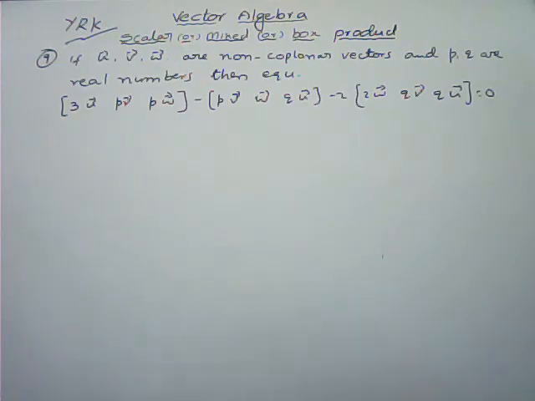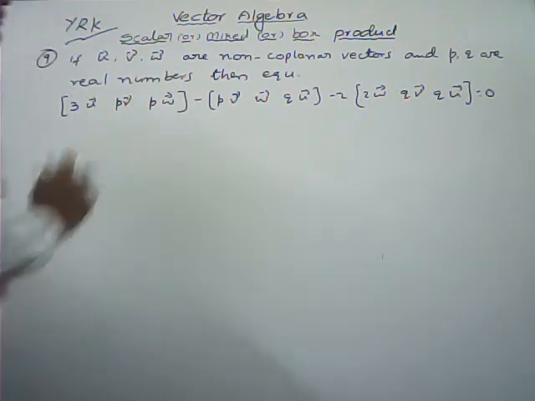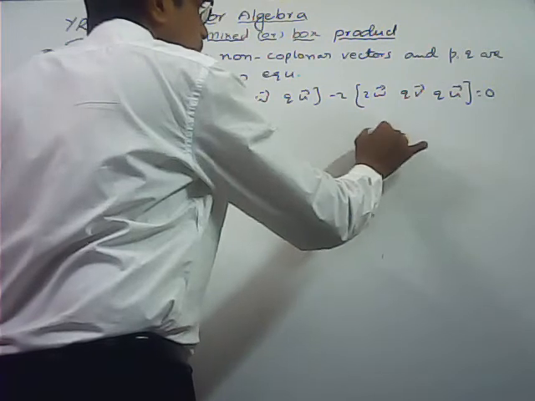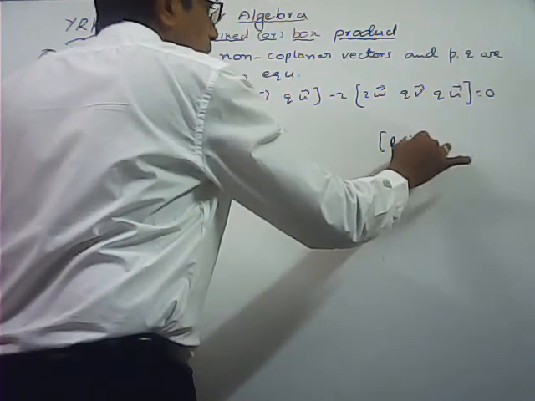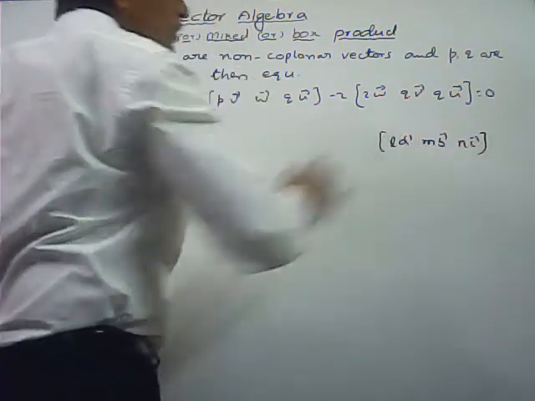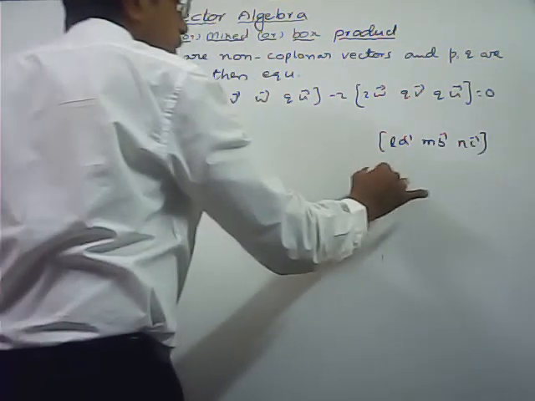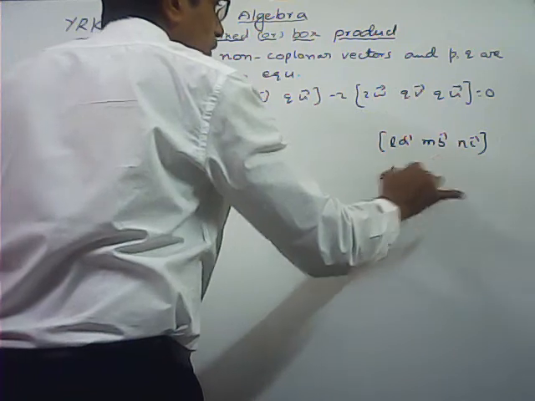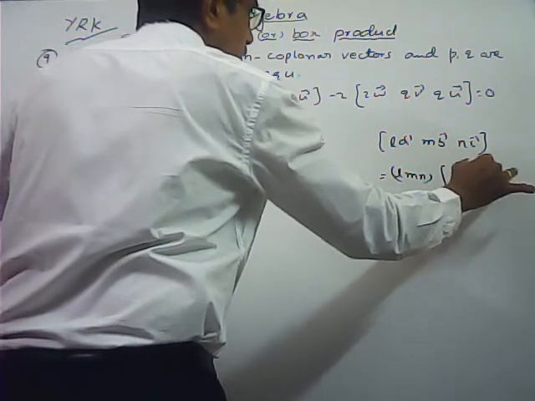Here U, V, W are non-coplanar vectors and P, Q are real numbers. Then the equation. Here one property is there. Box L A bar, M B bar, N C bar. Here the elements are real values. That one we can write L into M into N into box A bar, B bar, C bar.